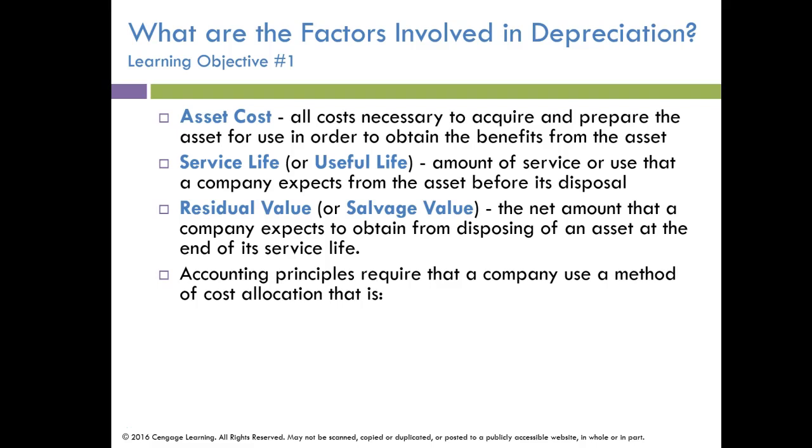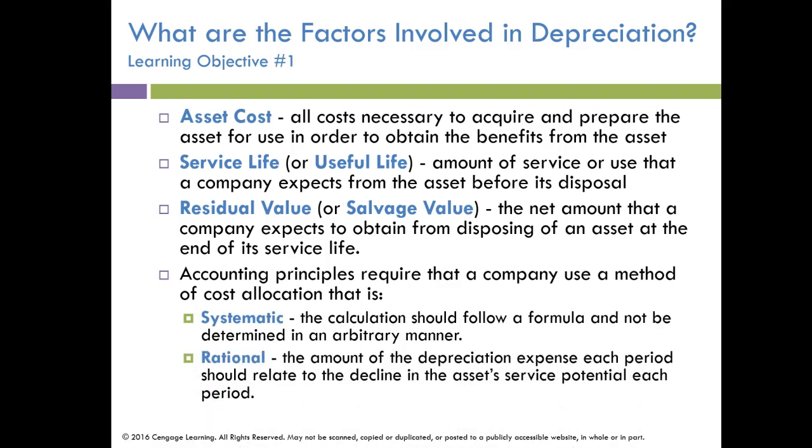So unlike when we calculate depreciation for tax purposes, where we depreciate something right down to zero, for GAAP purposes, we need to calculate this salvage value, and then we only depreciate the item down to the point of the salvage value.